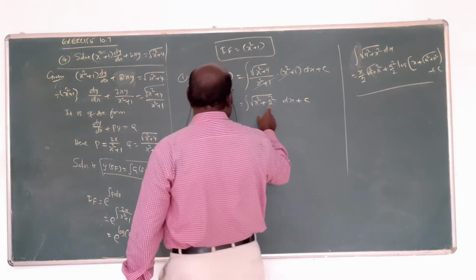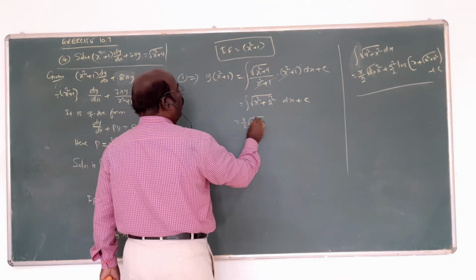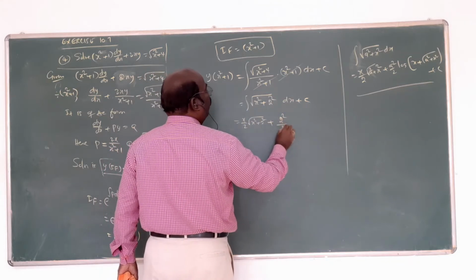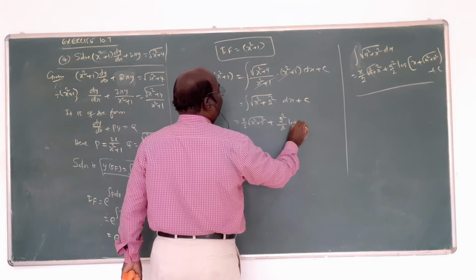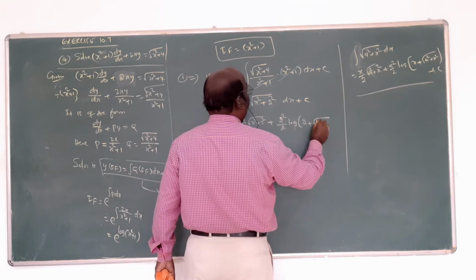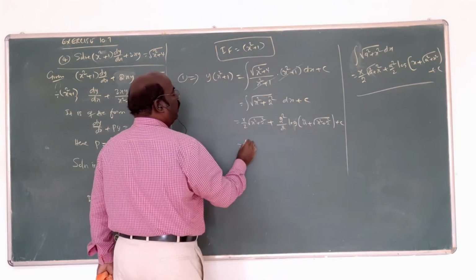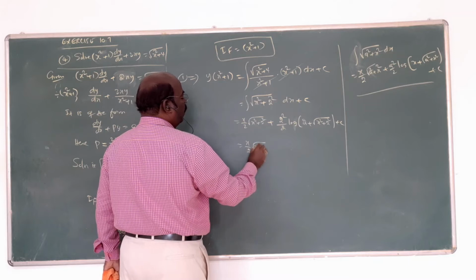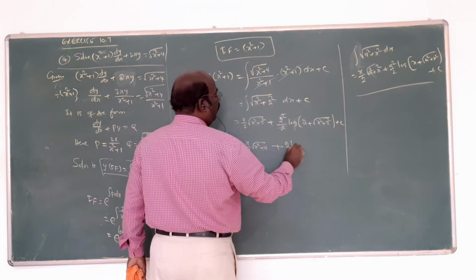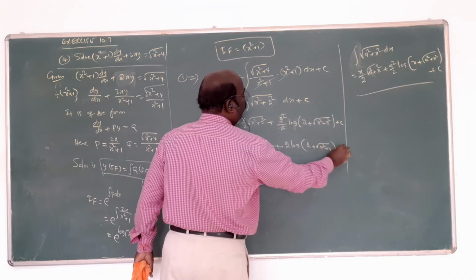Now with a equal to 2: x by 2 into root of x square plus 2 square, plus 2 square by 2 into log of x plus root of x square plus 2 square, plus c. Now simplify: x by 2 root of x square plus 4 plus 2 into log of x plus root of x square plus 4 plus c.